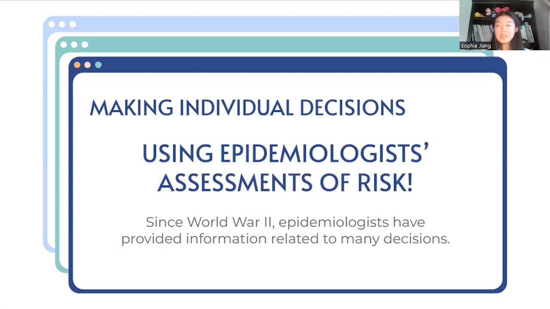And from there, it's kind of like a pros and cons list. And that's how a lot of people make decisions. And since World War II, epidemiologists have provided information related to many decisions, concerning health, concerning safety, and etc.